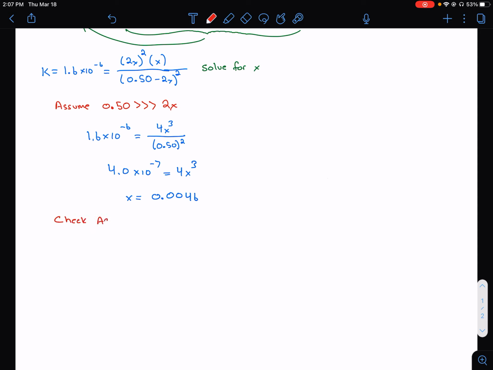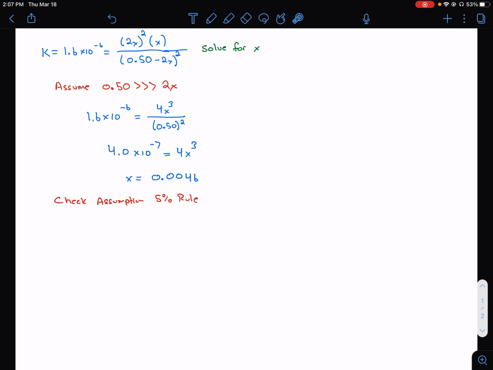So we're going to check our assumption with the 5% rule. And what this rule states is our assumption is valid as long as 2x is less than 5% of 0.5. And so to check it, I'm going to say 2 times 0.0046 divided by 0.5 times 100.